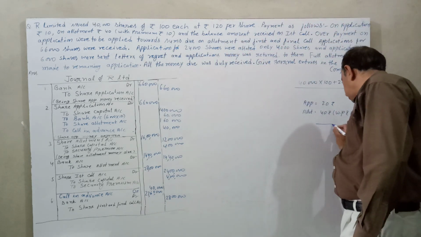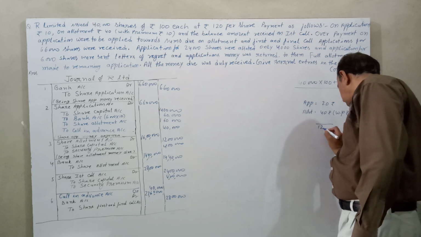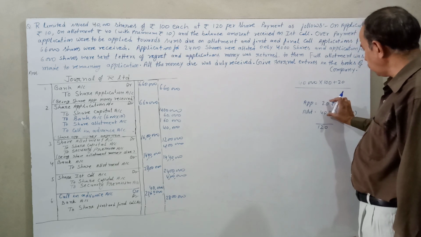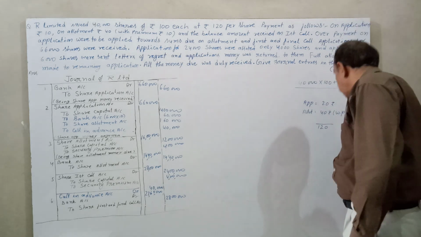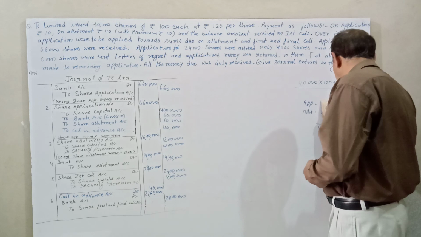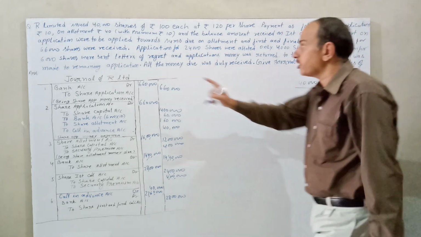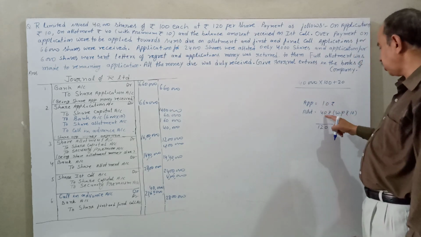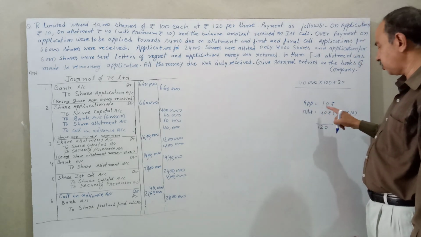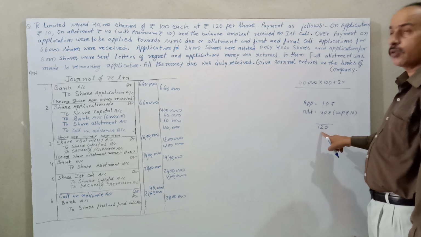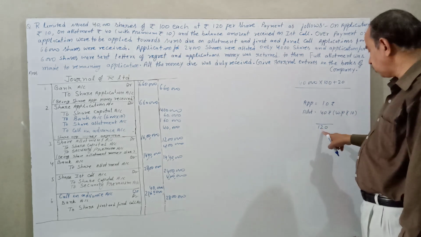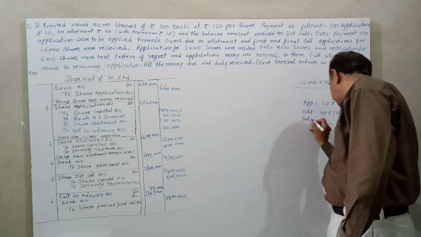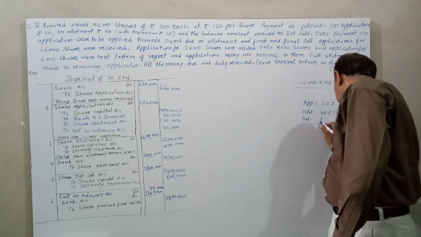The value of share issued by the company is 120. Application money is 10 rupees and 40 rupees on allotment. Total money, application and allotment, is rupees 50. Out of 120, less 50, the balance amount is rupees 70.